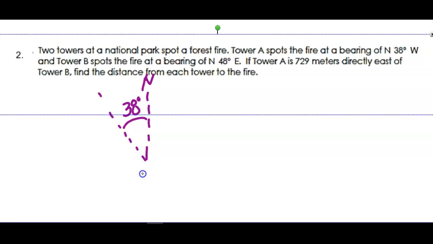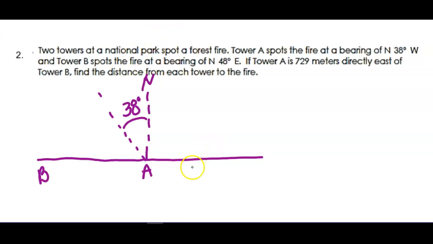And that was Tower A. If Tower A is 729 meters directly east of Tower B, so, oh, he's east. I'm going the wrong way. So Tower B is over here to the west, right? Tower A is directly east. There we go.